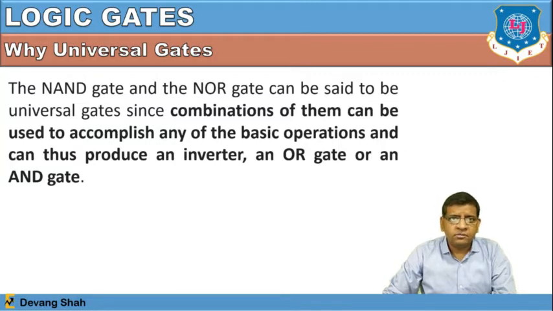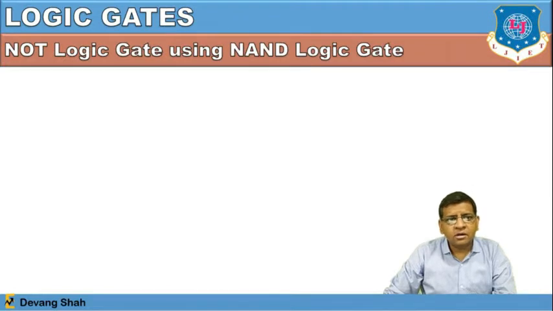You can implement the ANDing logic, ORing logic and NOT logic using NAND and NOR exclusively. What I mean to say is that using NAND and NOR only, you can realize the AND gate, OR gate and NOT gate, right? So let us further discuss that.